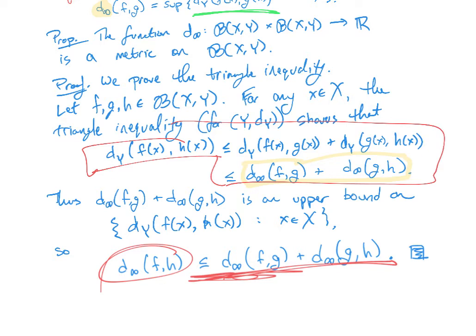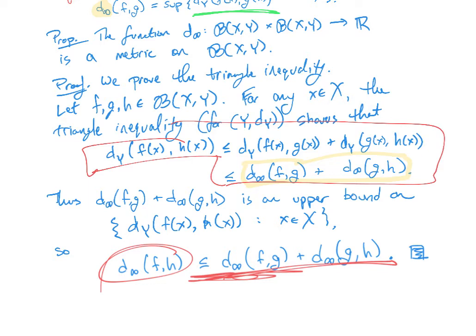Okay. I'm a little confused here. So we're saying that d infinity of f, g plus d infinity of g, h is an upper bound of d_Y of this specific x value?